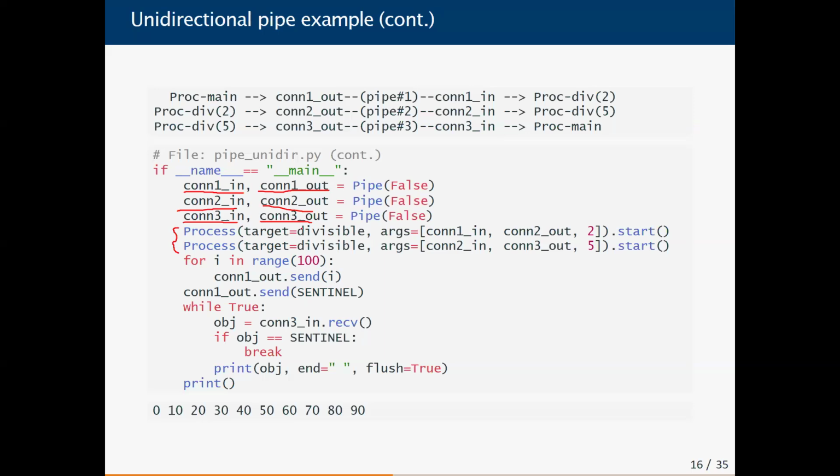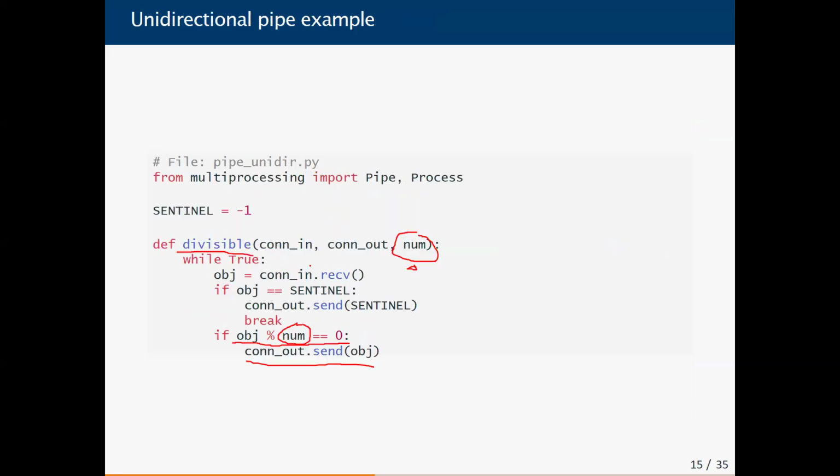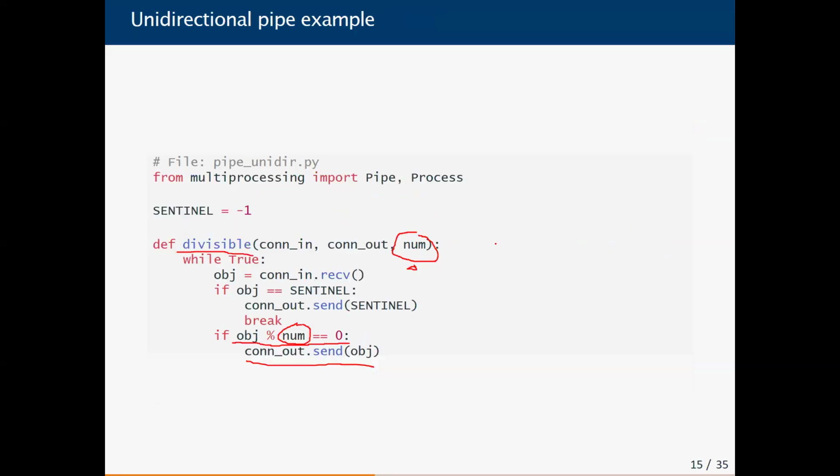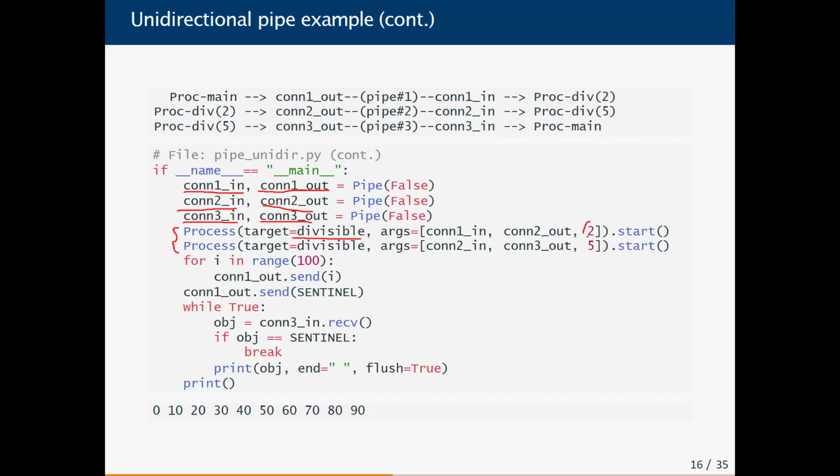The child processes have a target function, divisible, the one we defined here, to check if the number sent by the main process can be divisible by the number that you define here. The first process is used to check if the number can be divisible by 2. And the second process is checking if the number is divisible by 5.